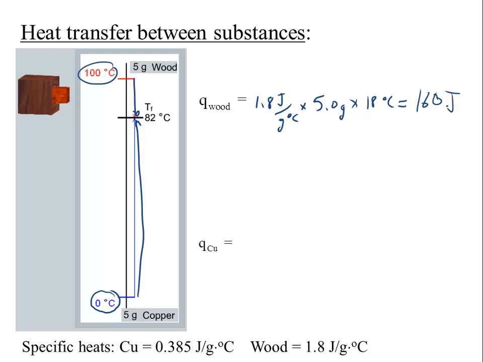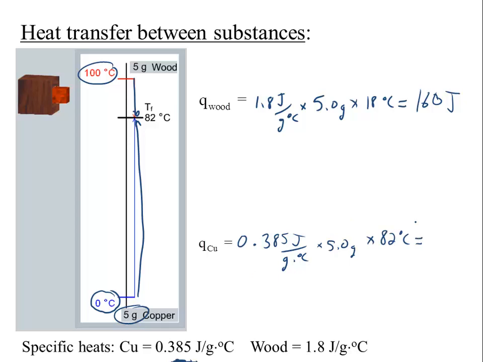If you look at the copper, it's a metal, so it has a relatively low specific heat capacity, 0.385 joules per gram degree, times 5.0 grams, because we have 5 grams of copper, times its temperature change, which is 82 degrees Celsius.